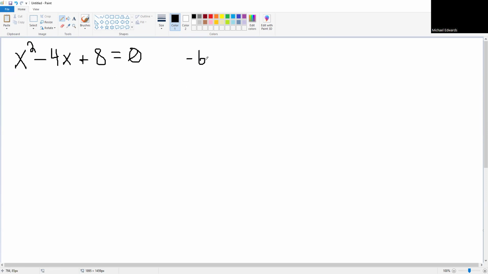The quadratic equation, let's look at it. Negative b plus or minus the square root of b squared. This is not b squared. What would it be? Yeah, it is b squared minus 4ac, all over 2a.